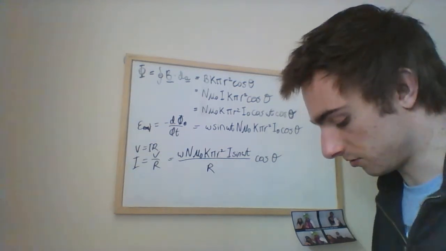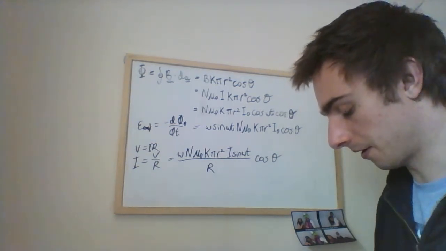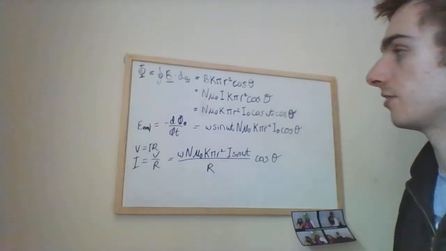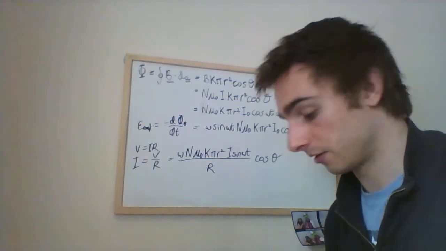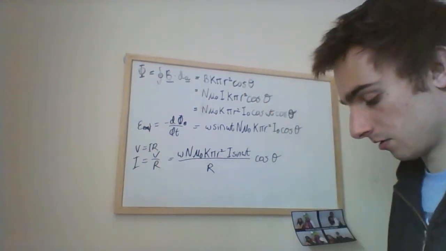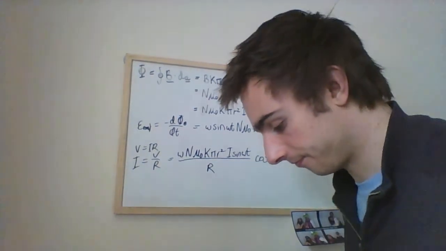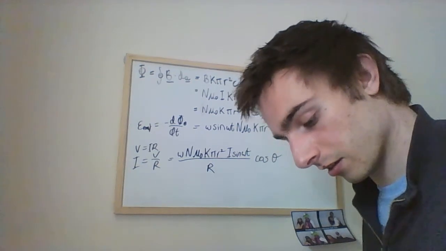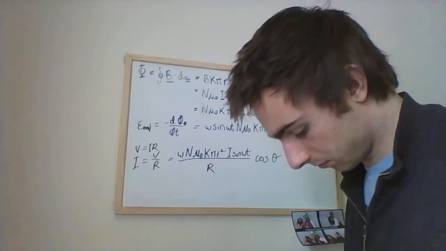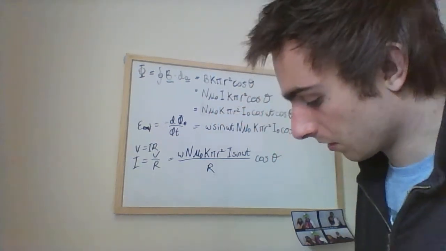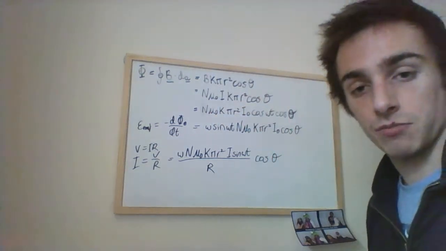So maybe we can change this up a little bit. Maybe we could say, what if instead of a coil of wire we put in another solenoid? So let me find my notes here. So we'll do the same thing as before.